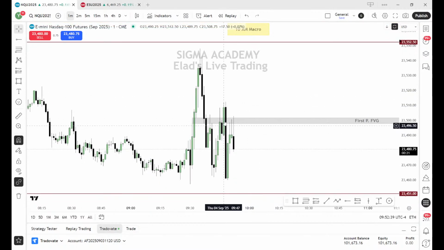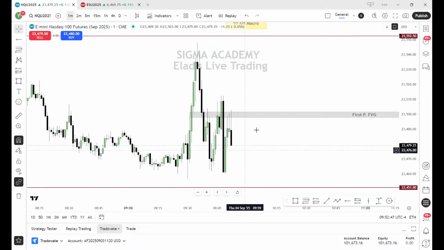Now, up candles reject price. You can see this box structure. Those are up candles. It may go lower for now.